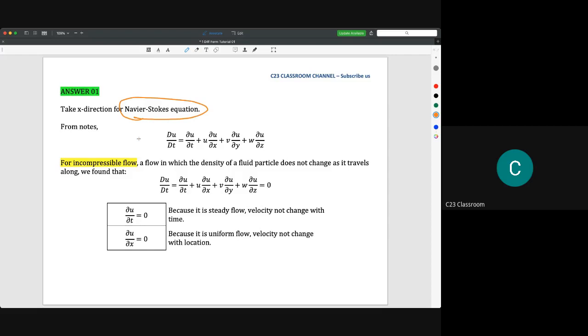So we assume the value of this one, capital D u over capital D t, can be expanded into this term. For incompressible flow, we assume that this term is equal to 0. This is the first assumption that you should understand.